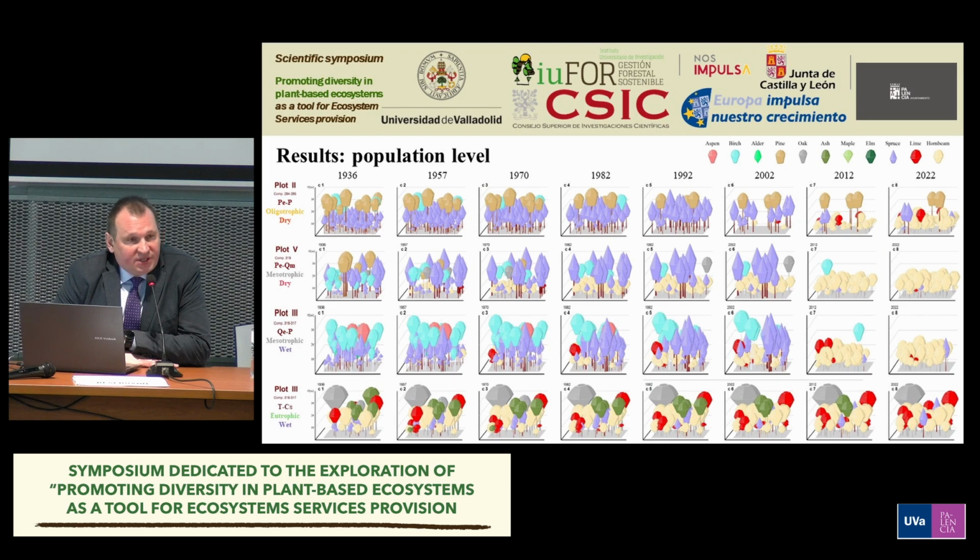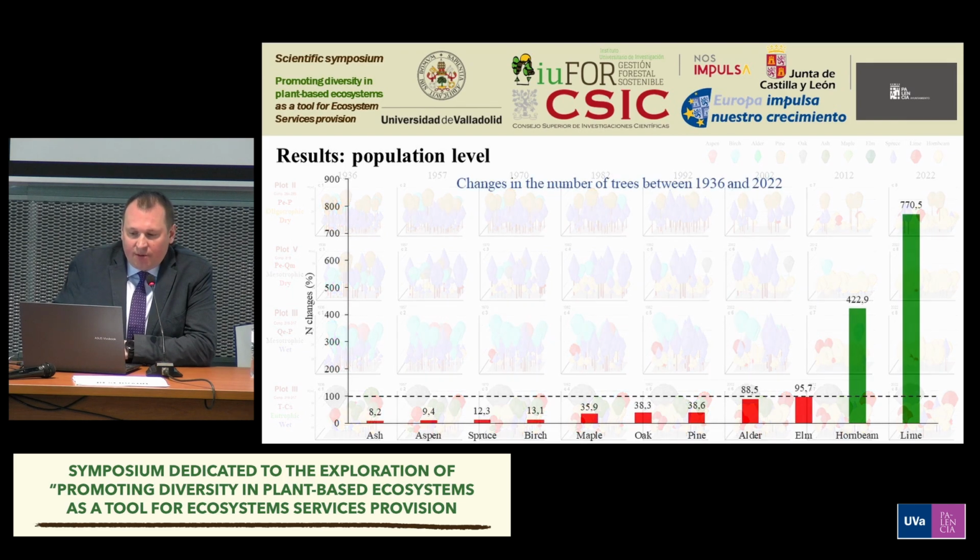What you can observe here, the main process is that the blue color, spruce, is replaced by the yellow color, hornbeam. The most visible changes are on oligotrophic and dry sites, and on eutrophic and wet sites they are quite stable.